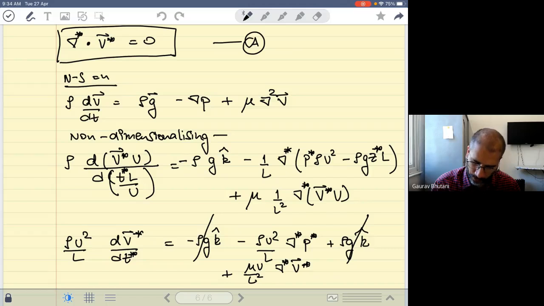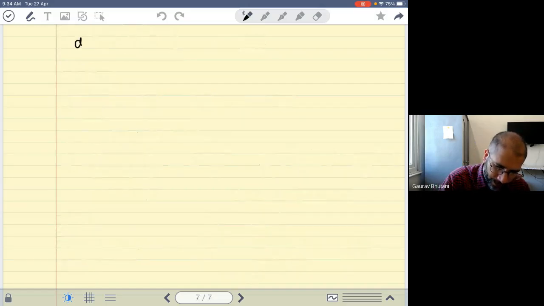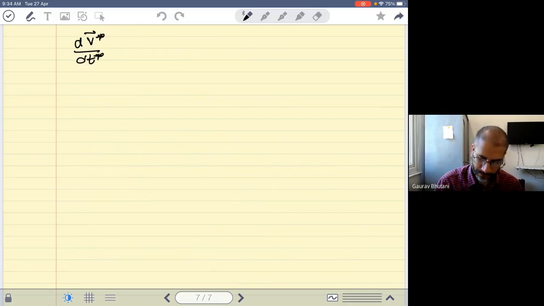Right. So what we can now see is this rho u square by L is there on both sides. So we'll divide all the terms by rho u square by L. If we do that, the left hand side simply becomes dV star by dt star.